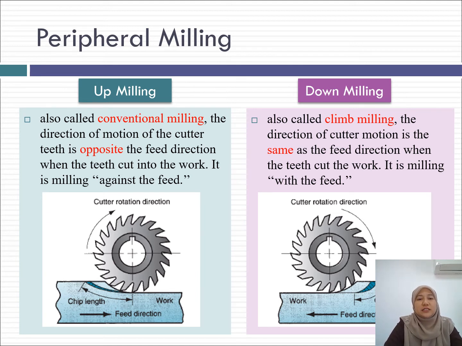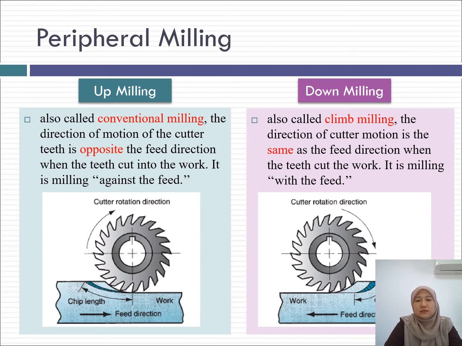So easy to remember. Up milling, opposite direction. When the teeth cut into the workpiece, it is milling against the feed. The feed direction is opposite from the cutter rotation.